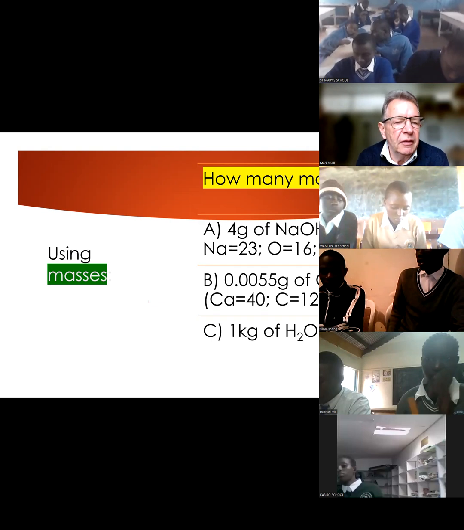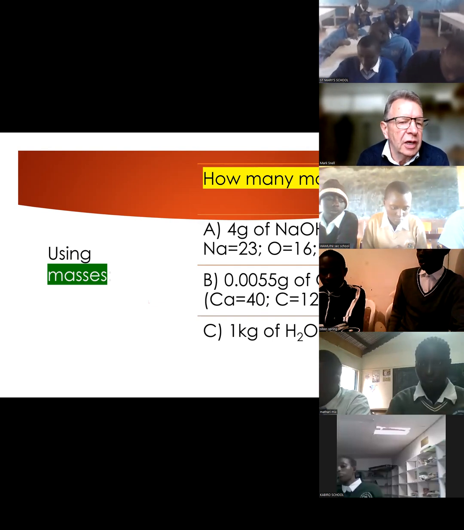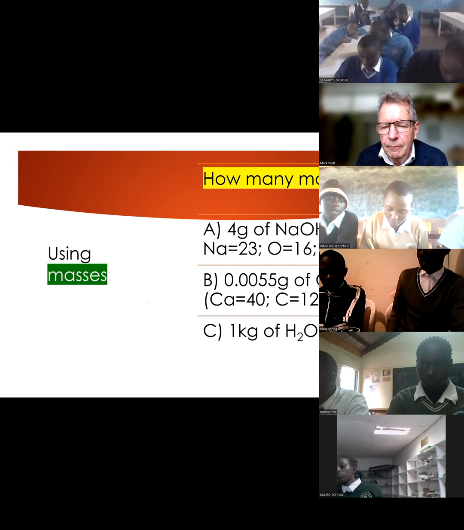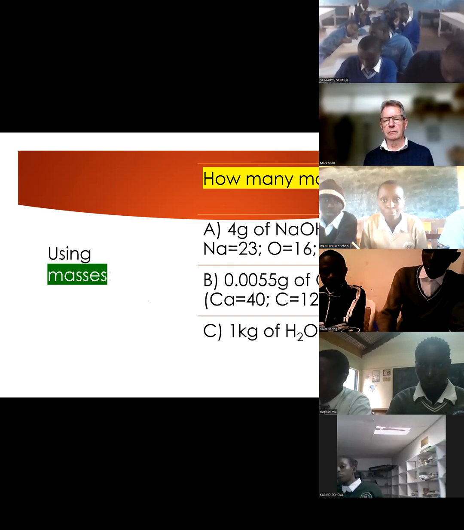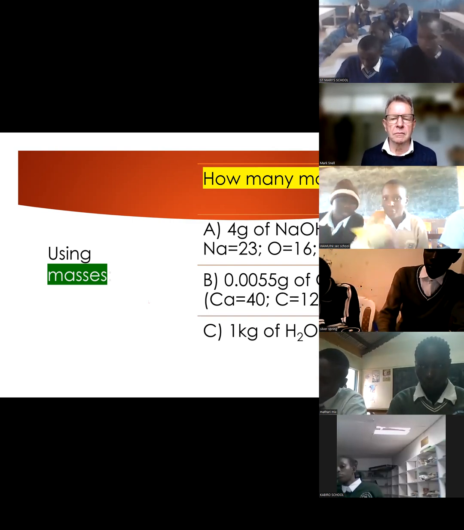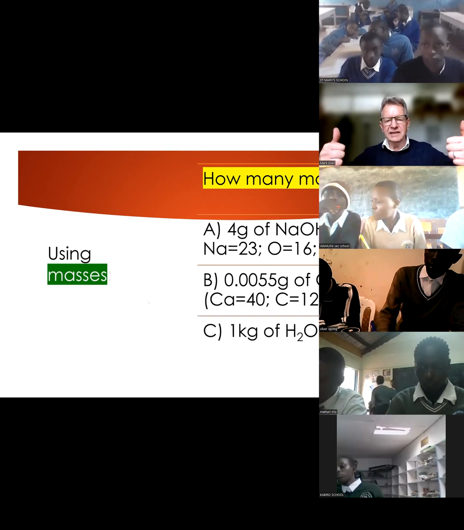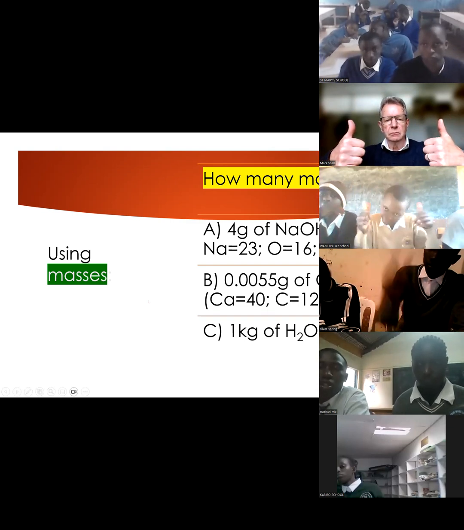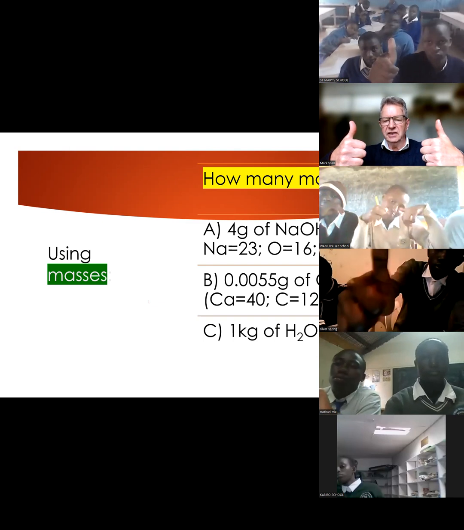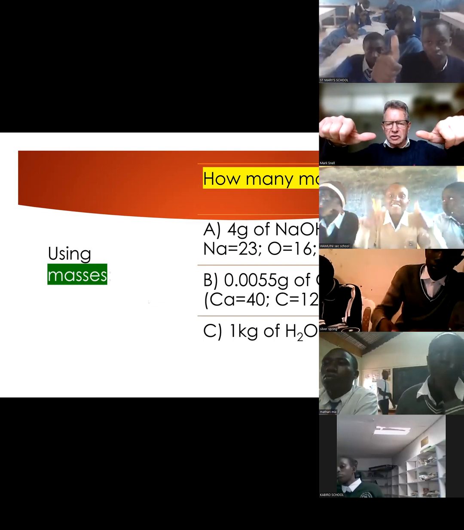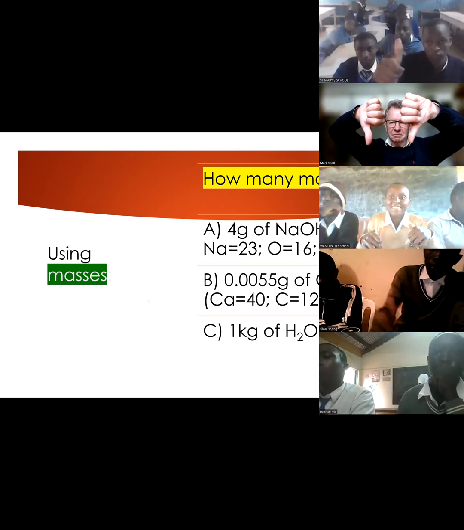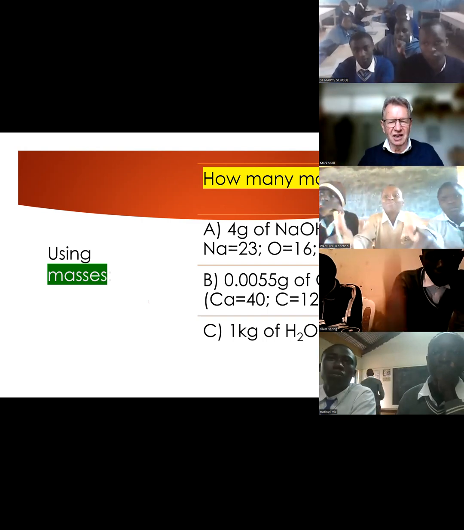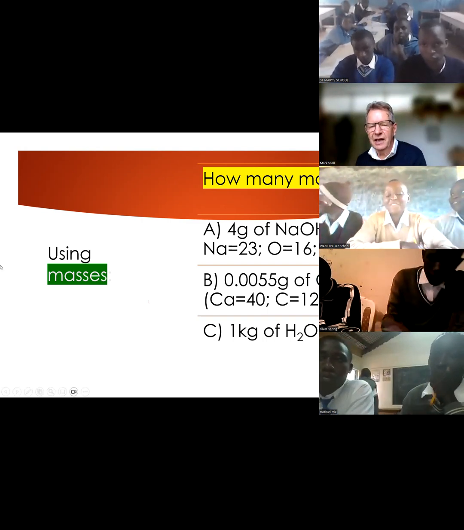So the moles will be 4 over 40, and that is 0.1. Is that easy? Easy? Not so easy or difficult? Good. Okay, we'll move on.